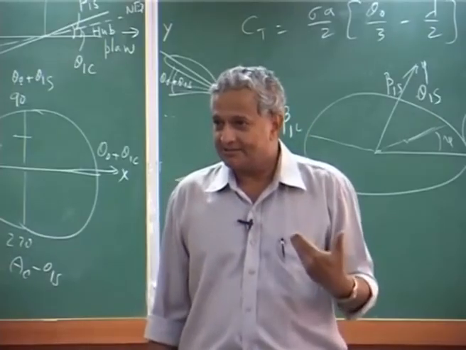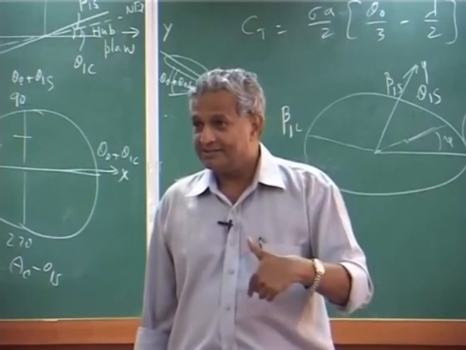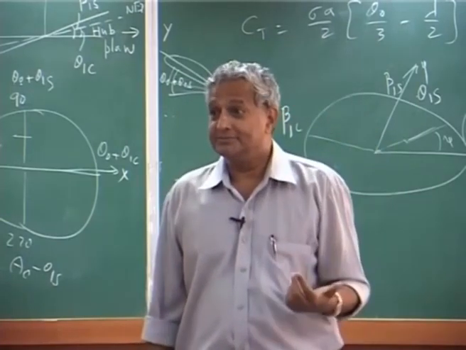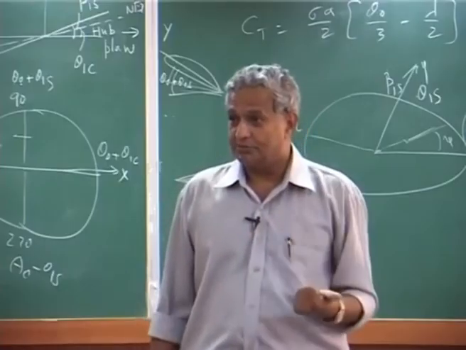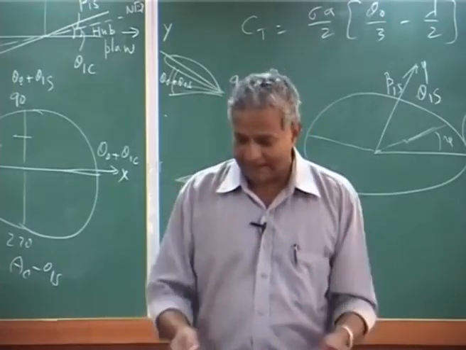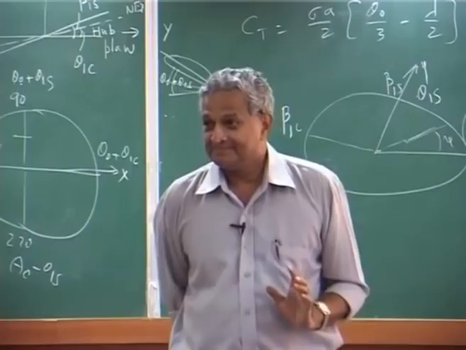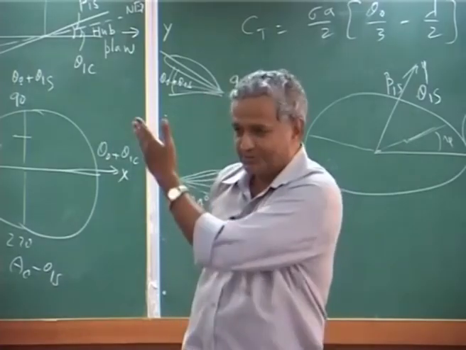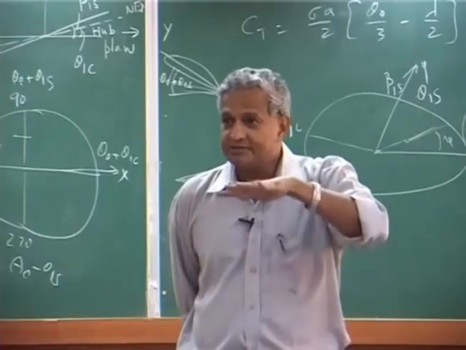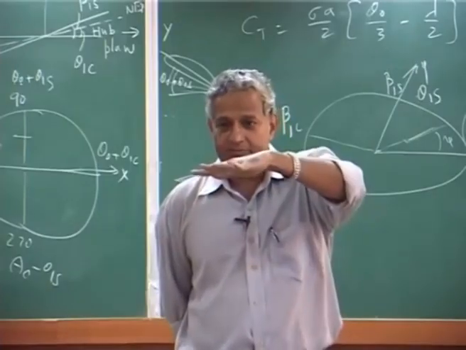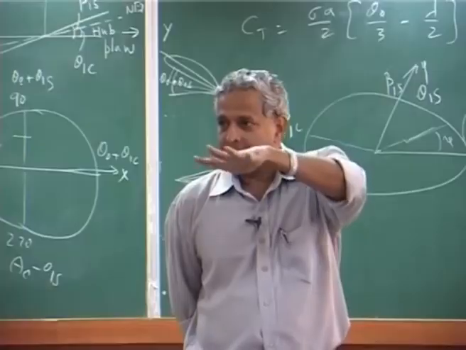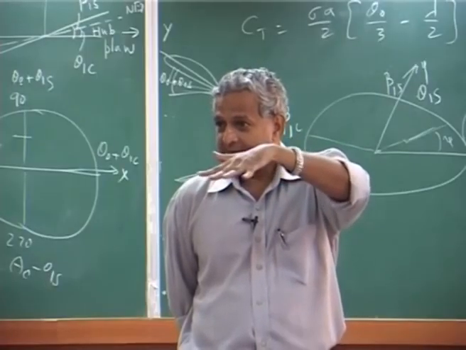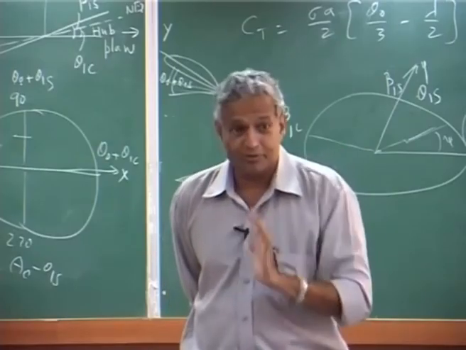Okay, you cannot be in hover and at the same time I do not want the helicopter to move, but I will give a cyclic, no. But if you do clamp it, that means you do not allow the helicopter to move, as in the experiment we are doing, you give a cyclic, then you will see the tip path plane tilting, okay, depending on what input you give.